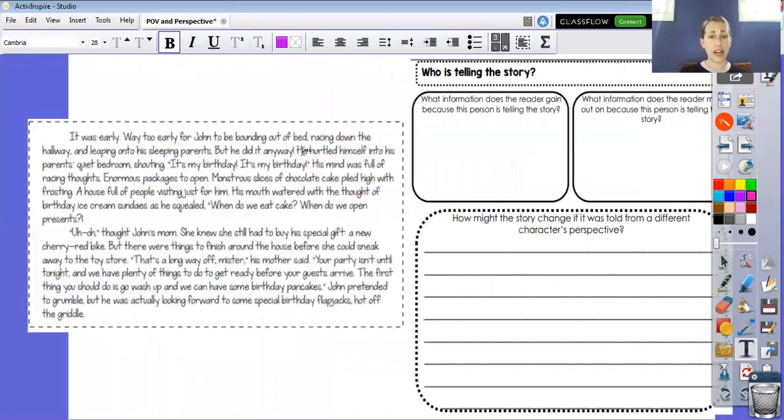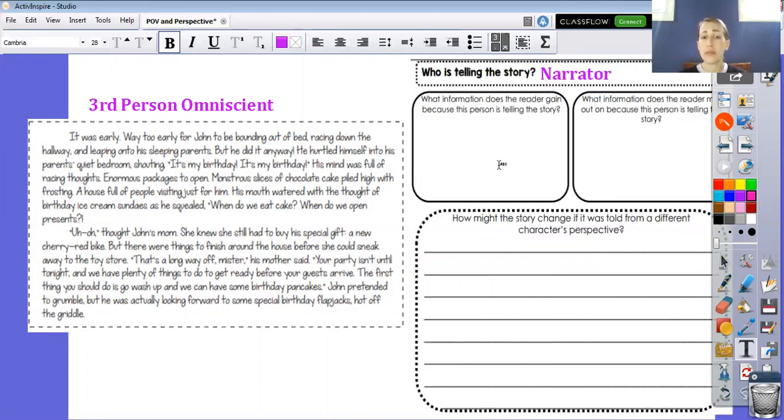So if we look at our one story, this was our third person omniscient story. So in our third person omniscient story, since it is omniscient, we know that a narrator is telling the story.